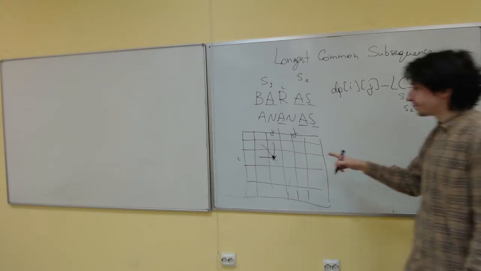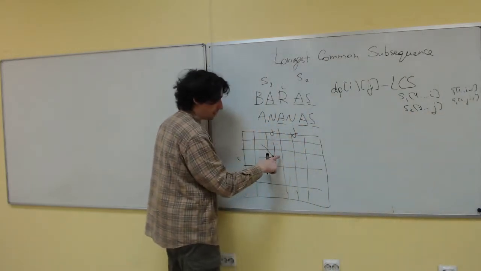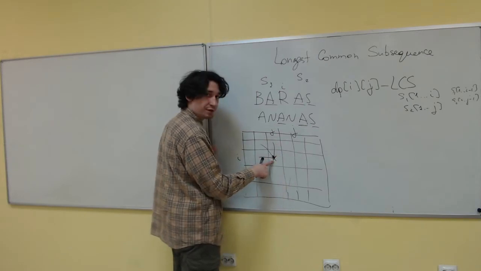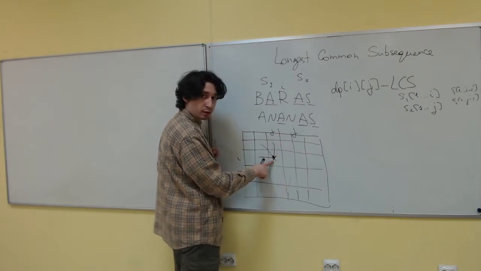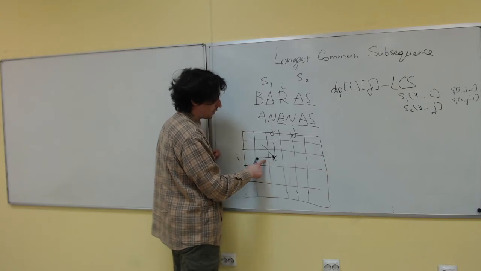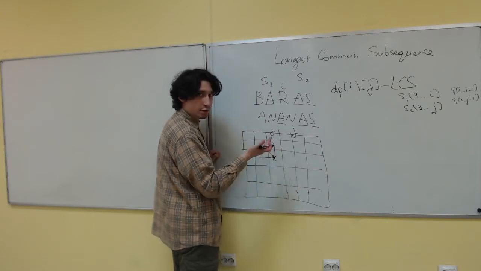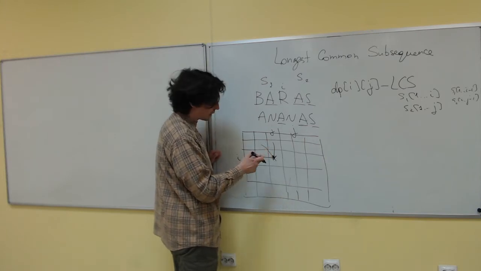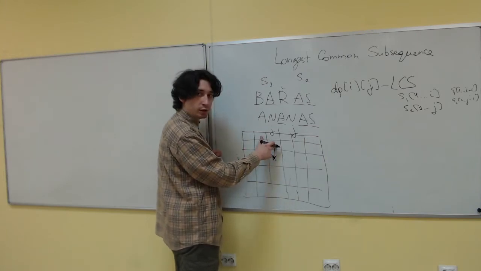The moves from top and from left do not change the dynamic. If we added one symbol, obviously the answer will not increase. It is either DP here or DP here.